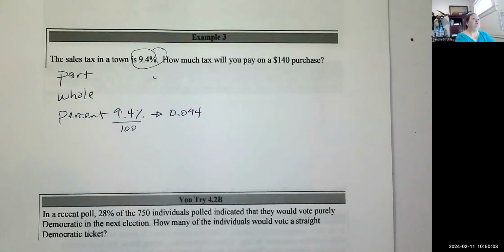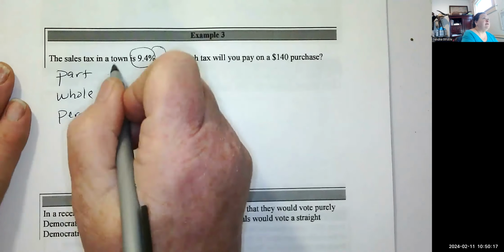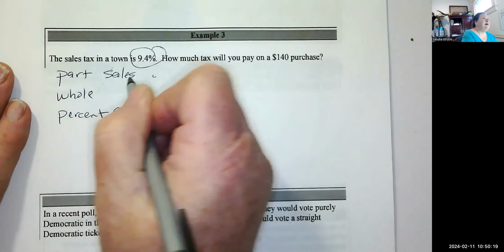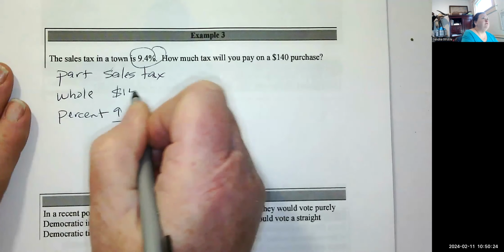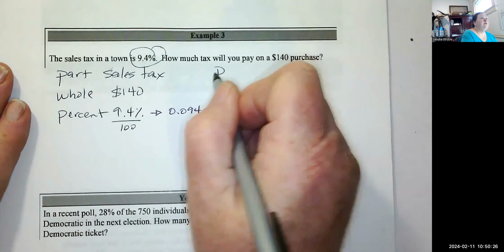How much tax will you pay on a $140 purchase? Well, the $140 purchase is going to be the whole, because sales tax is not going to make up the whole piece. It's going to be very minimal of what you pay. So we're looking for the sales tax. Part is the sales tax. And the whole is the $140. So we're looking for part.